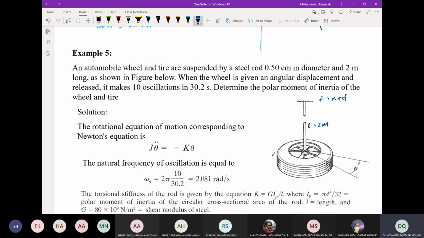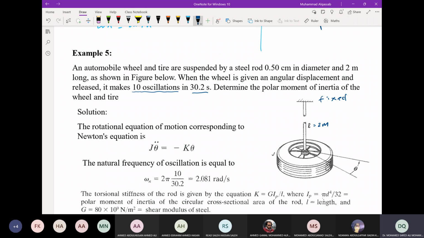Usually in an experimental way to find the natural frequency or other parameters, you take an average: you take 10 oscillations rather than one oscillation. We know that the period of oscillation is measured for one cycle, but if you just consider one cycle, it will introduce a lot of error because the time is measured using a stopwatch.